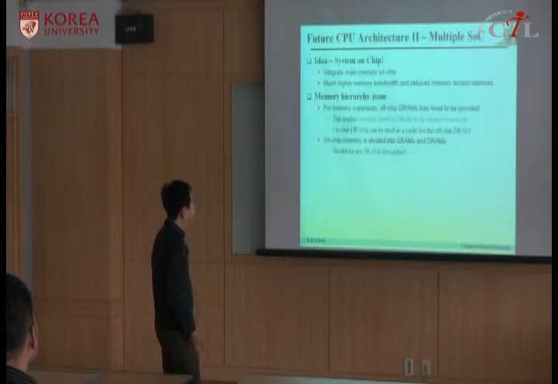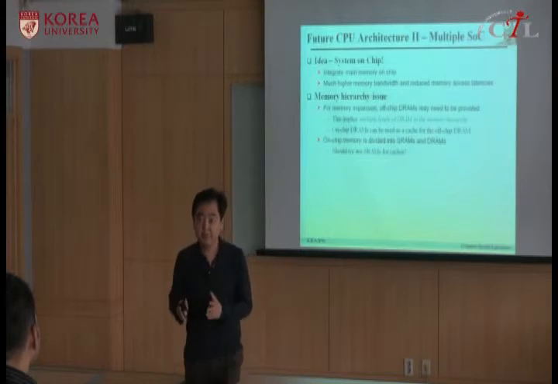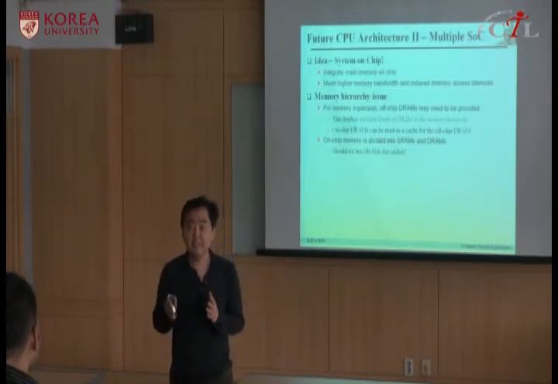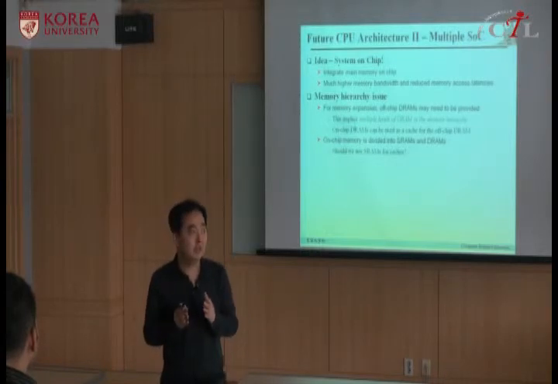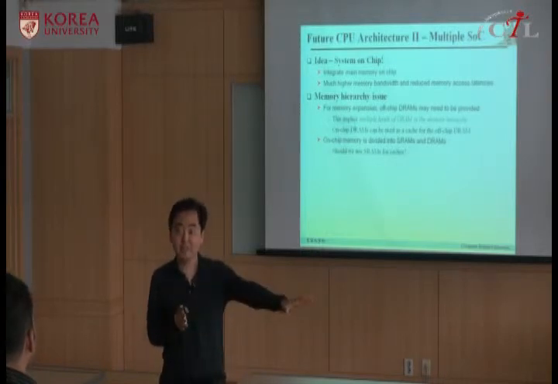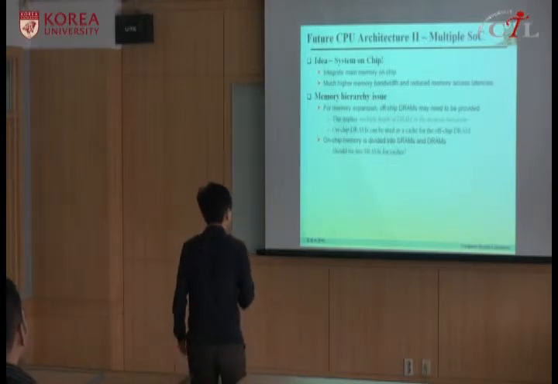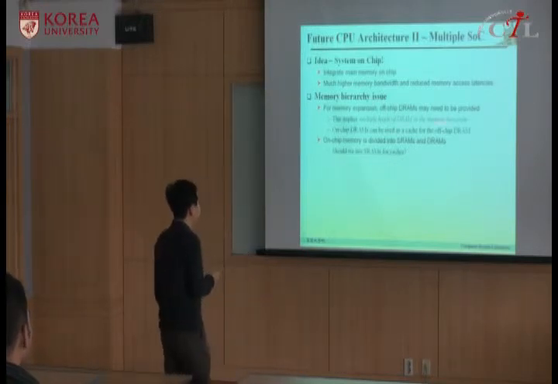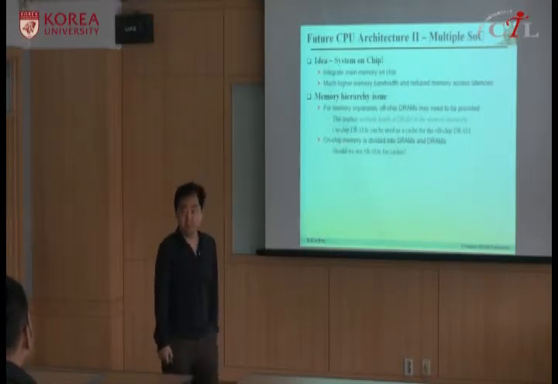But for memory expansion, if you include your DRAMs on chip, then that is not sufficient. You need off-chip DRAMs also. Then there is a memory hierarchy in terms of DRAMs, so it will be a little complex. Multiple levels of DRAM in the memory hierarchy, and on-chip DRAMs can be used as a cache for off-chip DRAMs, and so on.